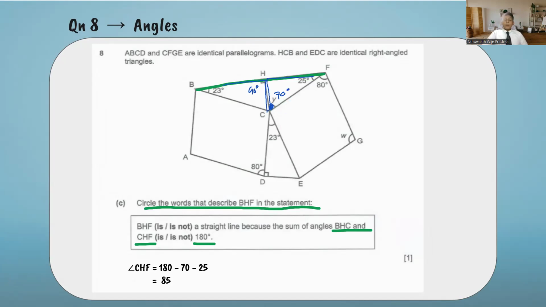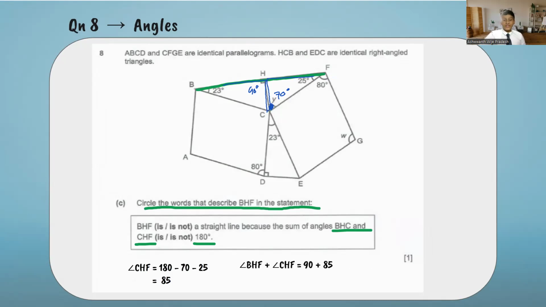Do you remember what's the property of a straight line? If you said that angles on a straight line add up to 180, you should be correct. Because if BHF was ever a straight line, the angles on the line will be 180. We can check that by adding 90 and 85.